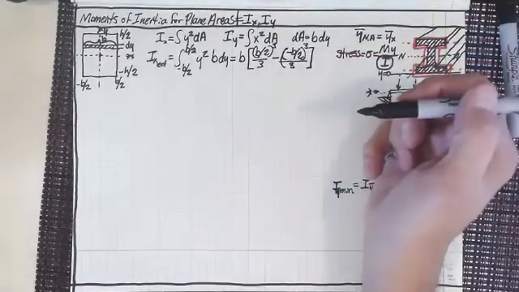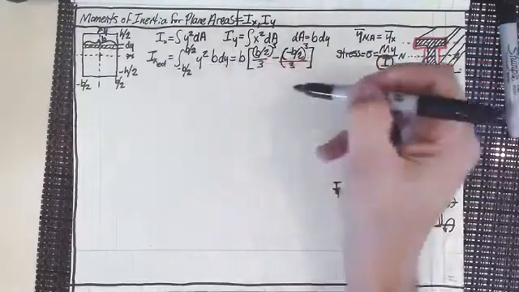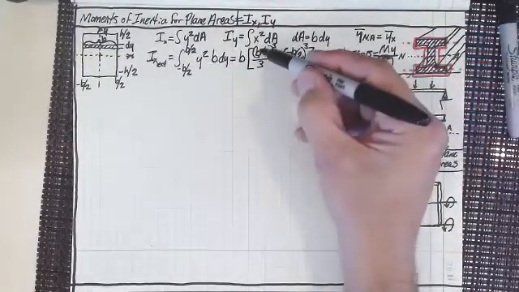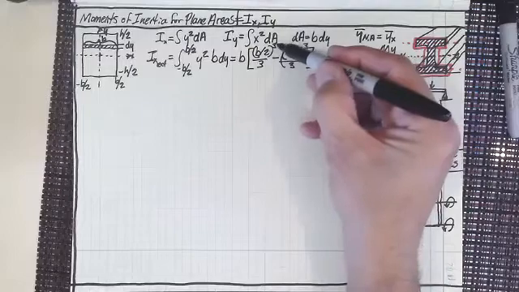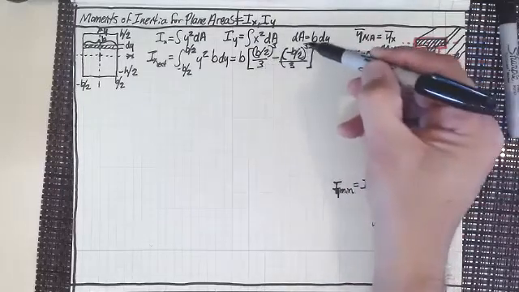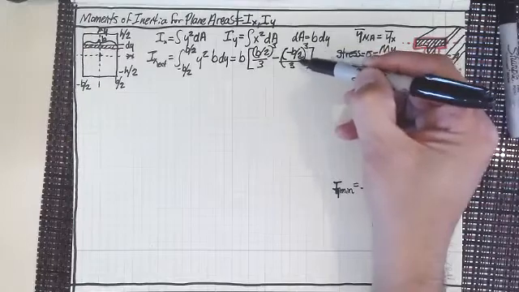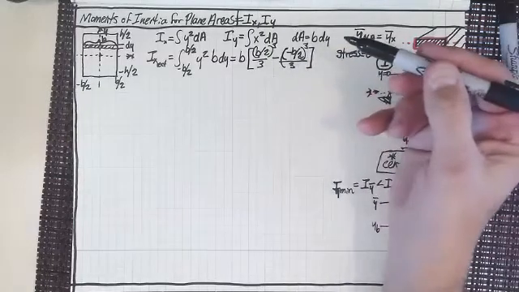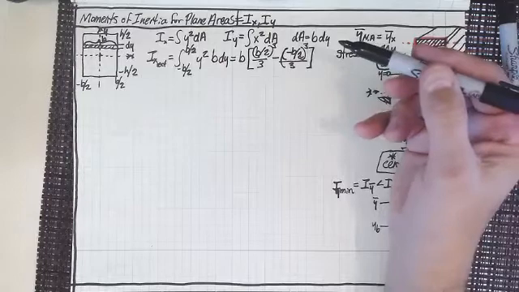Right? And so I've really done 2 steps there at once. I've got the b over 2 cubed divided by 3. And then I've got the minus b over 2 cubed divided by 3 too. Right? Does everybody see that?